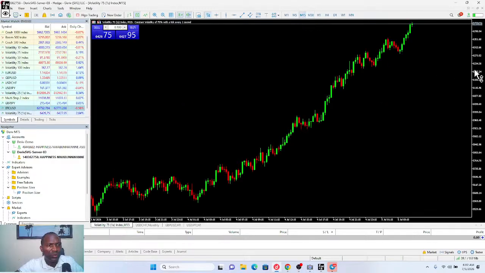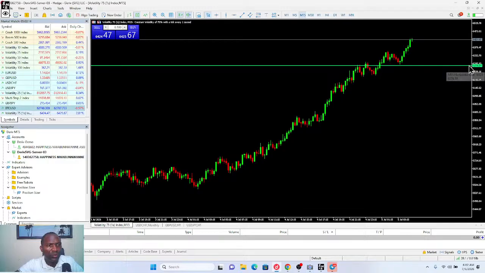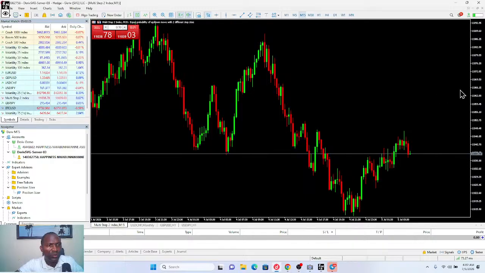So from here now, I need to do this market seriously. So wait for it here. Let's see. Okay, so that is for the multi-step 2 index. Good.